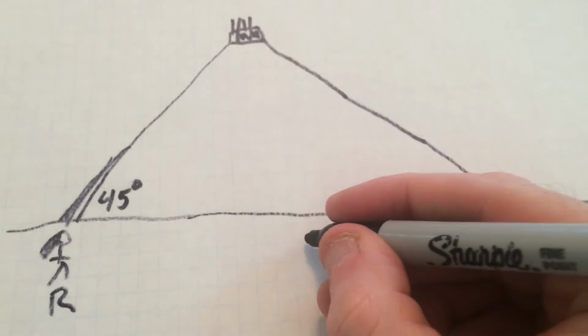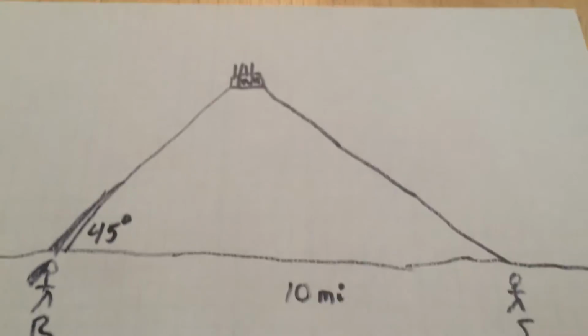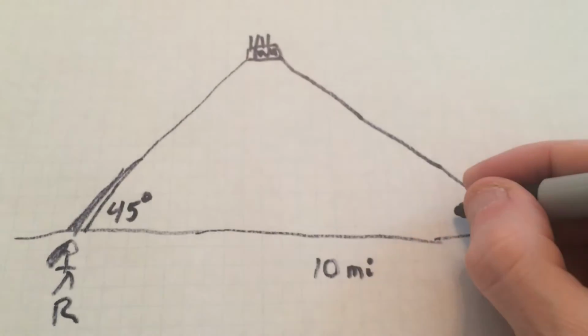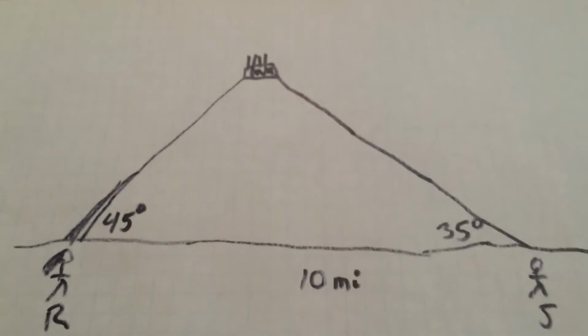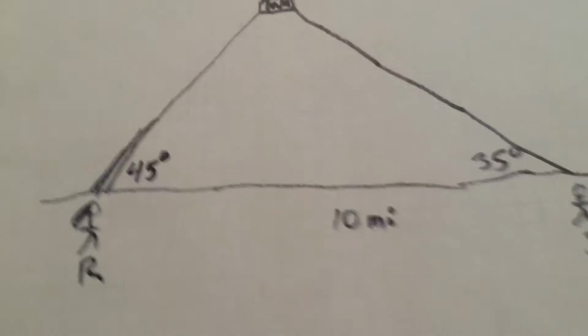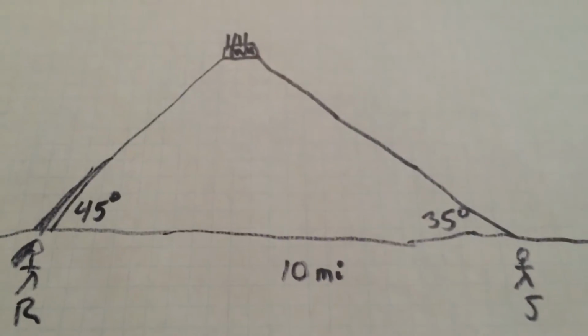Alright, so once again, they're 10 miles apart. Alright, and this is 35 degrees here. Alright, so now we're going to calculate the problem with this information and see if we get a different answer, which I bet we do.